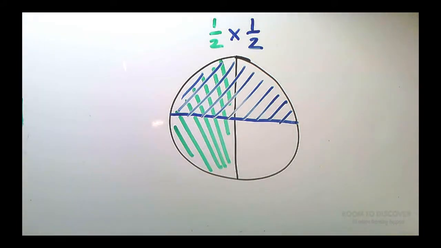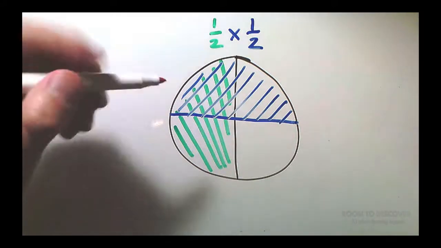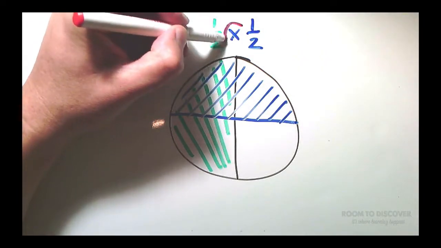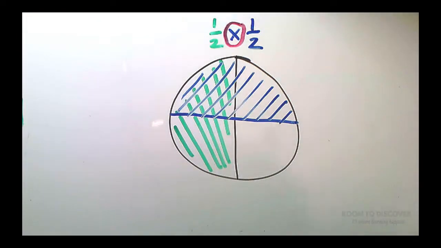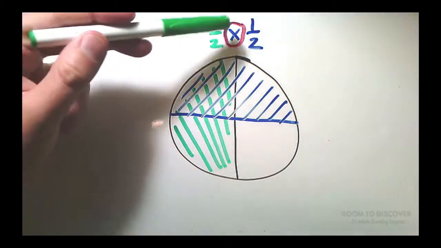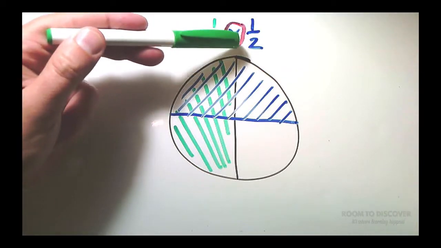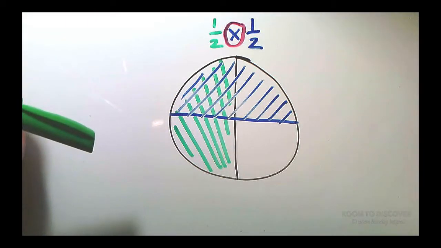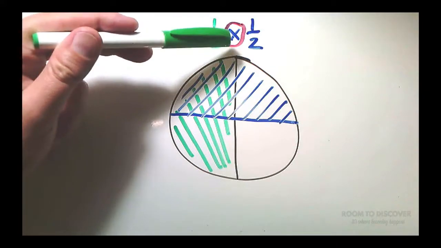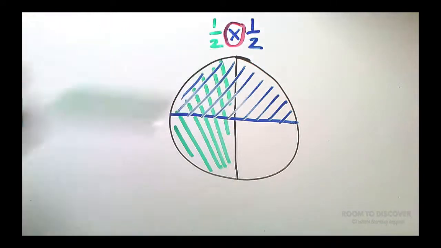So one of the tricks to multiplying fractions is to begin thinking about this as "of." So we learned 3 groups of 2 or 3 groups of 6. Well, this is 1/2 of a group of 1/2, or 1/2 of 1/2.